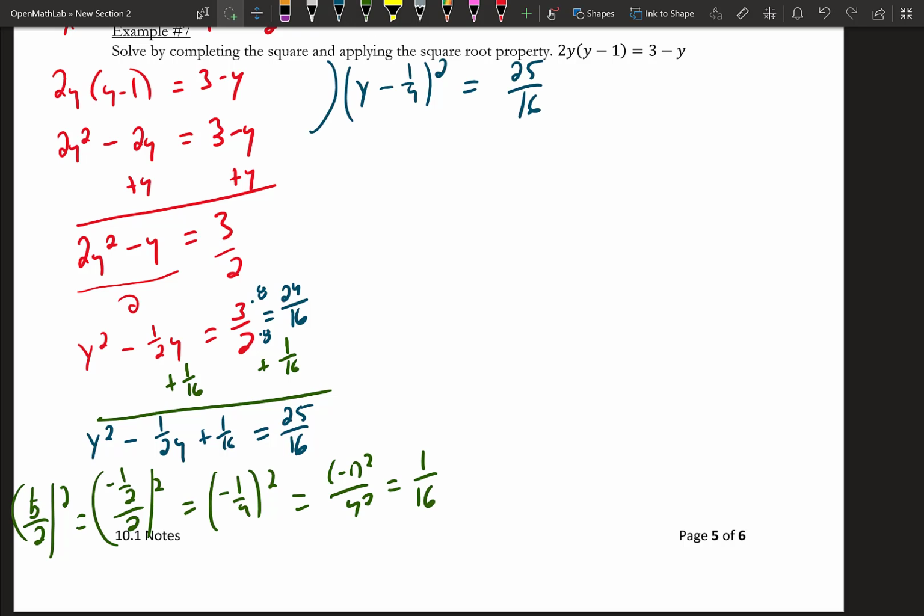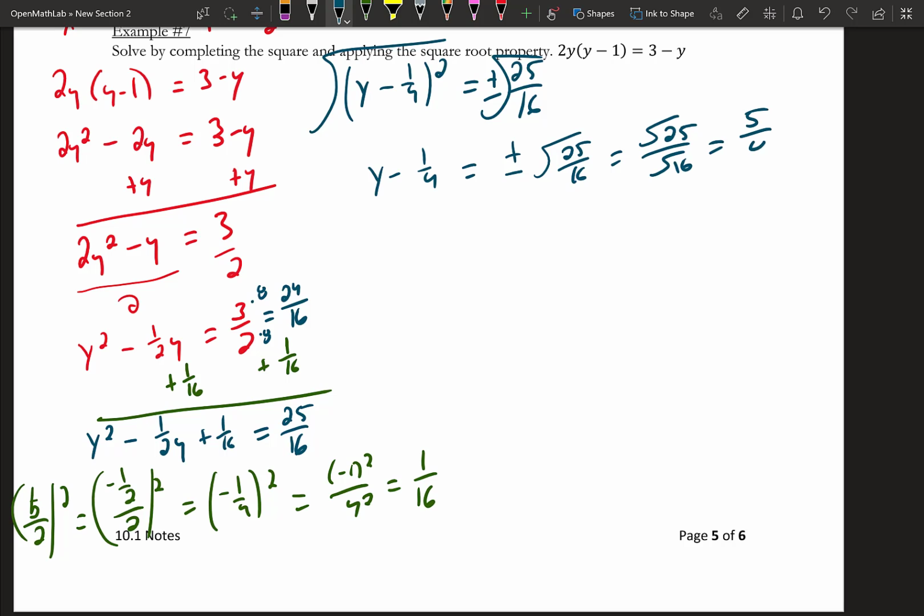So then I can take the square root of both sides, put a plus or minus on one side. We're left with y minus 1/4 equals plus minus radical 25/16, which is equal to radical 25 over radical 16, which equals 5/4. Right?